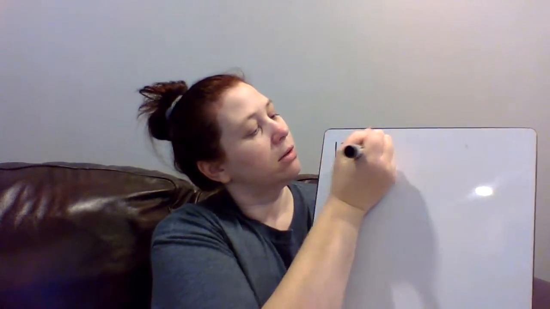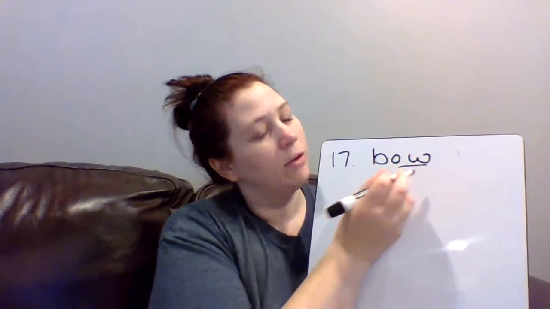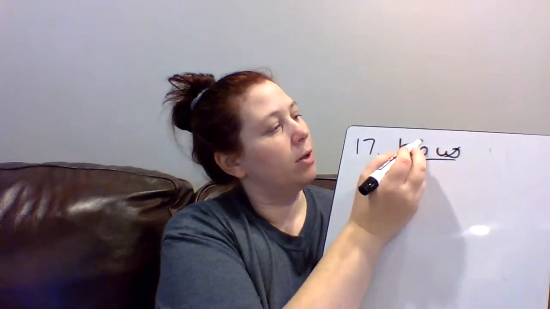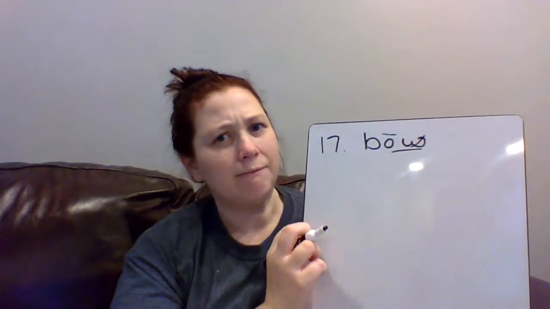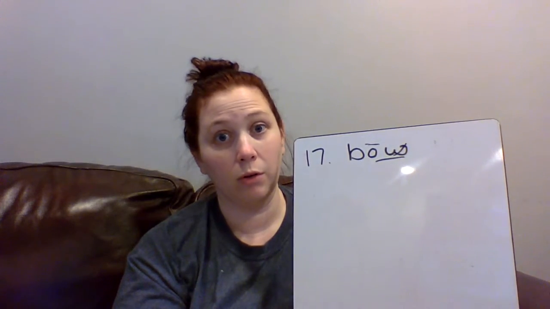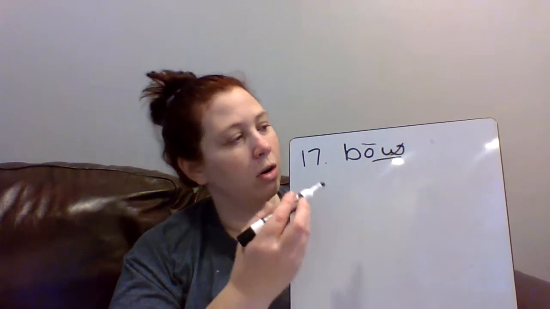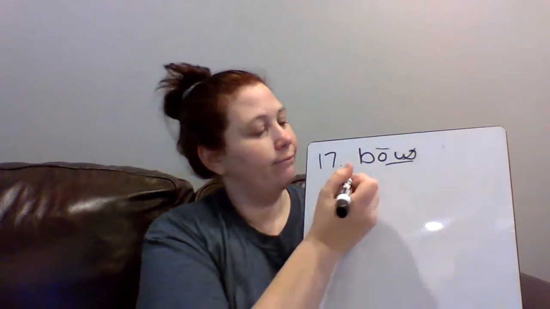Starting with number 17, we're going to have bow. B-O-W. We're going to underline that digraph, cross off the W, and the O gets the macron. I forgot to mention that when I was coding them earlier for you. You are going to draw a macron on that O because it makes the O sound.